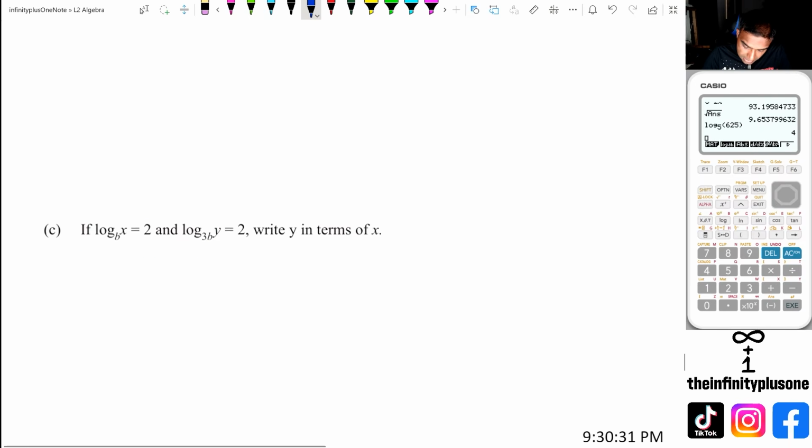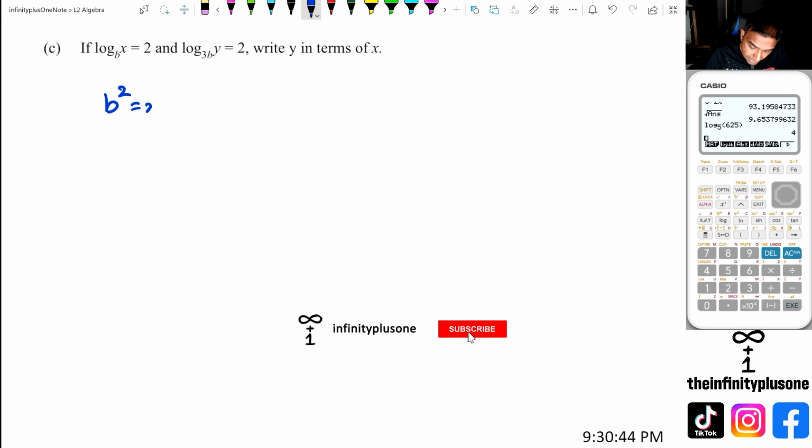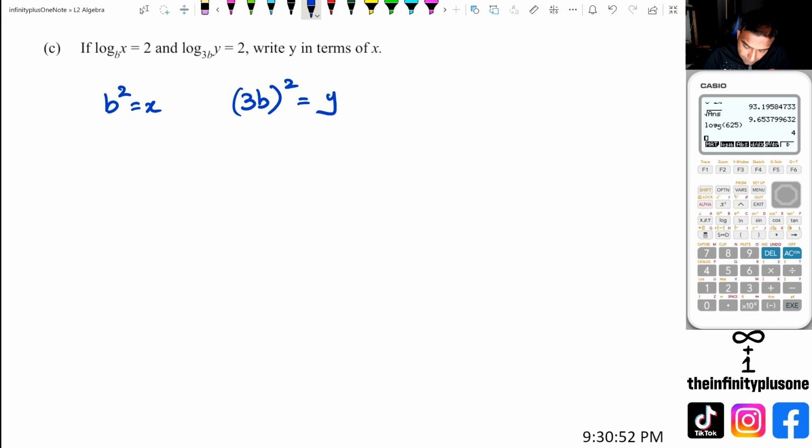All right, question C. We've got a bit of a substitution dilemma here. Basically, if you look at the first question, log base b of x equals 2, we can write this as b squared is equal to x. And for the second one, we can write that as 3b squared equals y. Now all it's asking is to write y in terms of x.